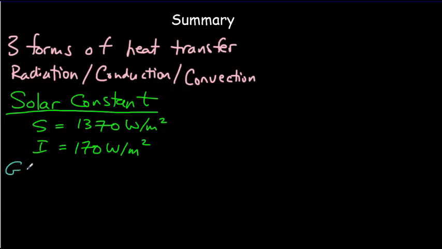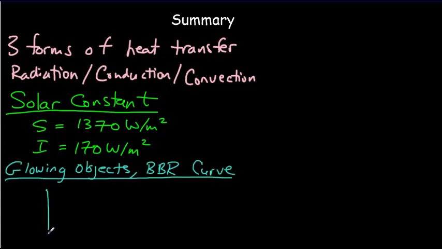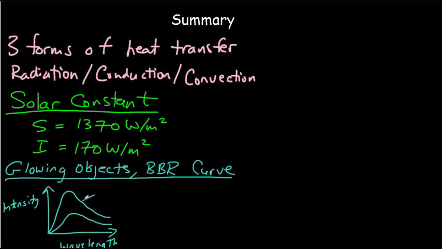We then talked about glowing objects and the blackbody radiation curve. We said that all objects emit radiation, and we could plot the intensity of that radiation against wavelength. And if we did that, we'd get curves that looked something like this. This top curve would be at a higher temperature, and this lower curve is at a lower temperature, but for the same object.